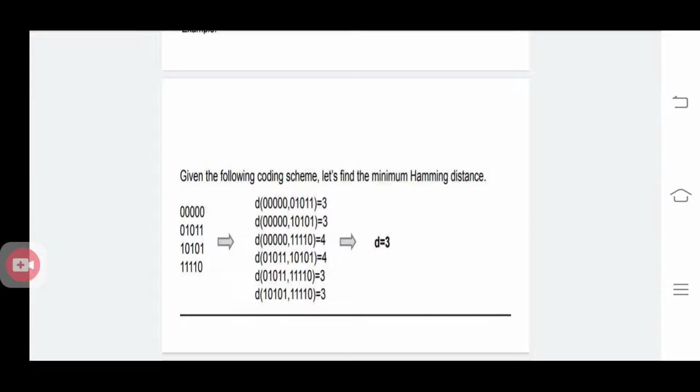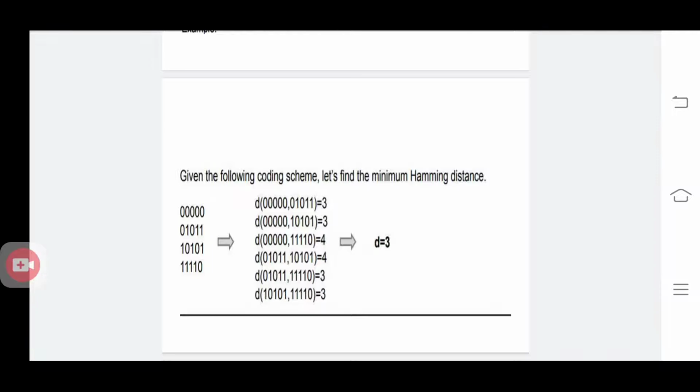First, you have to find the Hamming distance between each pair. You check the first and second word, then the first and third word, then the first and fourth word. So you get 3, 3 and 4. Next, you check the second and third word, and the second and fourth word, and you get 4 and 3.